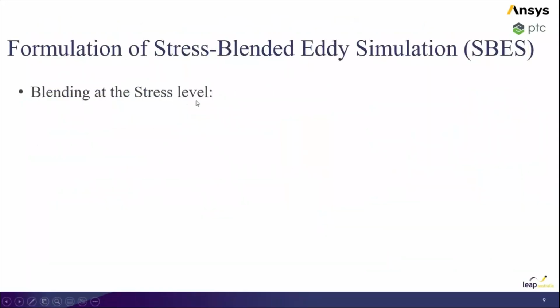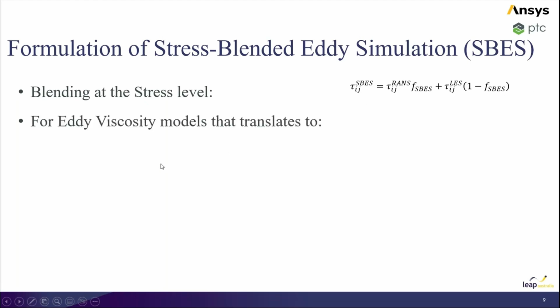So what the formulation says is, let's blend these models at the stress level. So we've got a closure stress for RANS, we've got a subgrid scale stress for LES, and we can blend them together. And obviously at the two limits of 0 and 1, we recover a pure model.